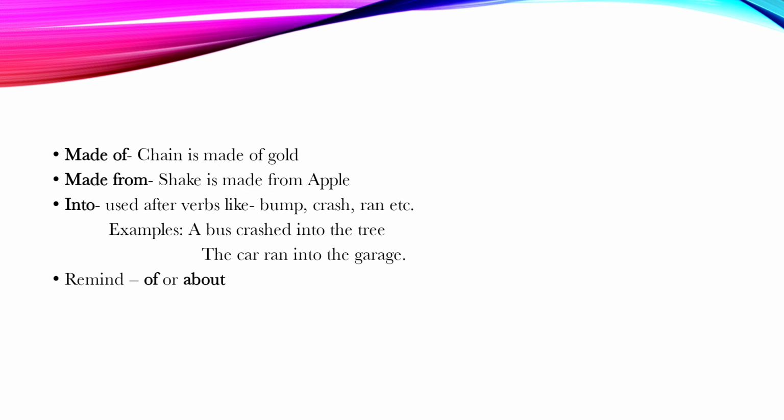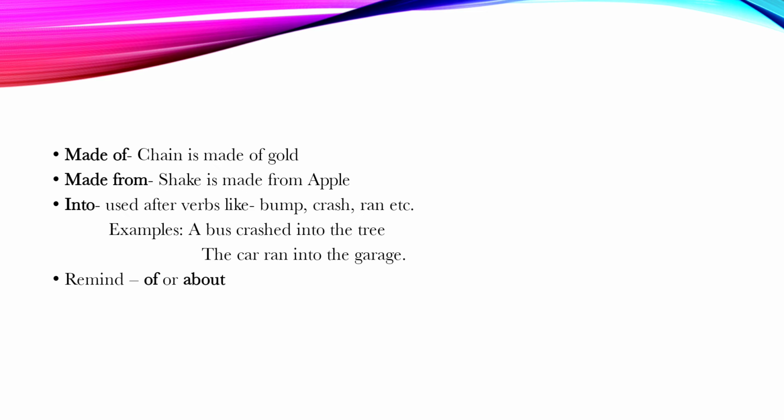Another preposition is into. You have to remember it's very commonly used in the English language with verbs. The verbs are the words denoting actions. With verbs like bump, crash, ran, we use into as a preposition. See the example. A bus crashed into the tree.